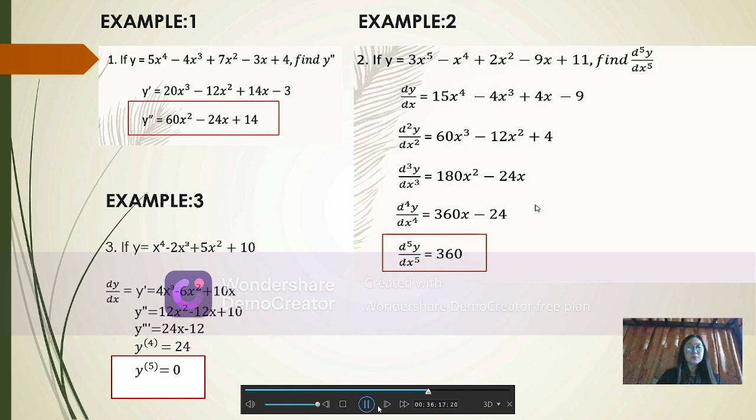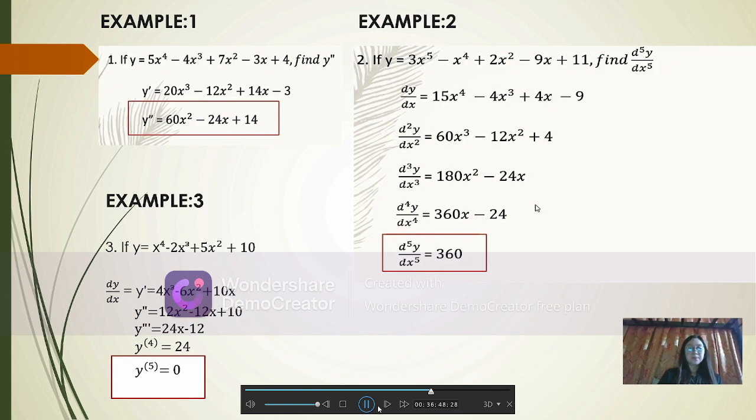Now, if y is equal to 5x to the fourth power minus 4x to the cube power plus 7x squared minus 3x plus 4, find the second derivative. So y prime is equal to 20x cubed minus 12x squared plus 14x minus 3.